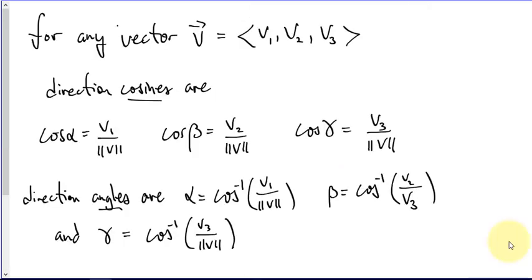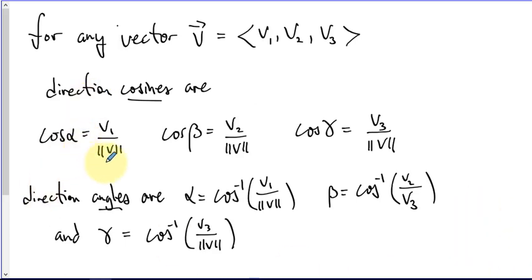So we can stop for a moment and summarize that conclusion. For any vector v in three-dimensional space, the direction cosines are: cosine alpha is v1 over magnitude v. So v1 over magnitude v is the direction cosine. You don't literally have to see the word cosine there.